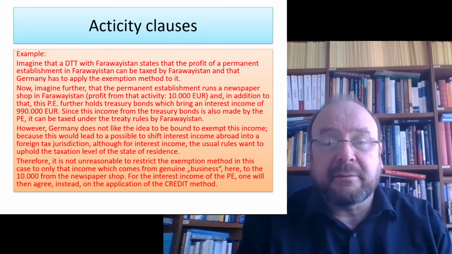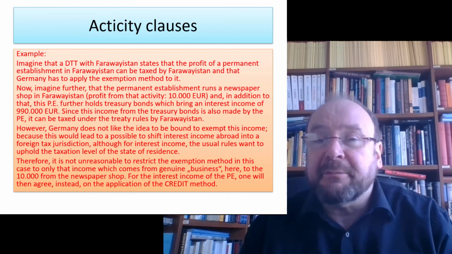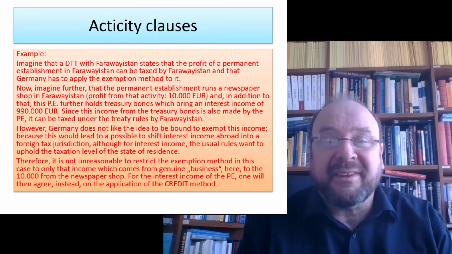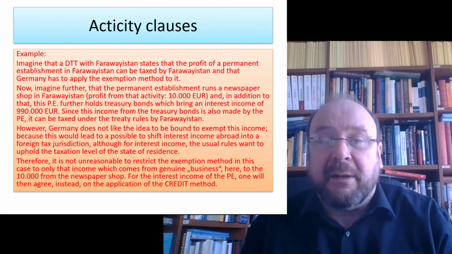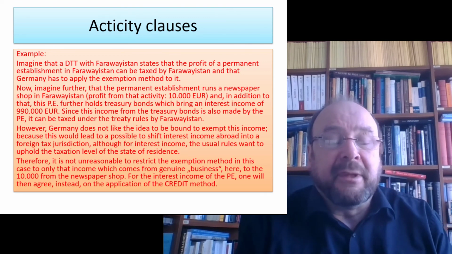You wanted to apply the exemption method to the business profits, not to these things which were arbitrarily added to it.